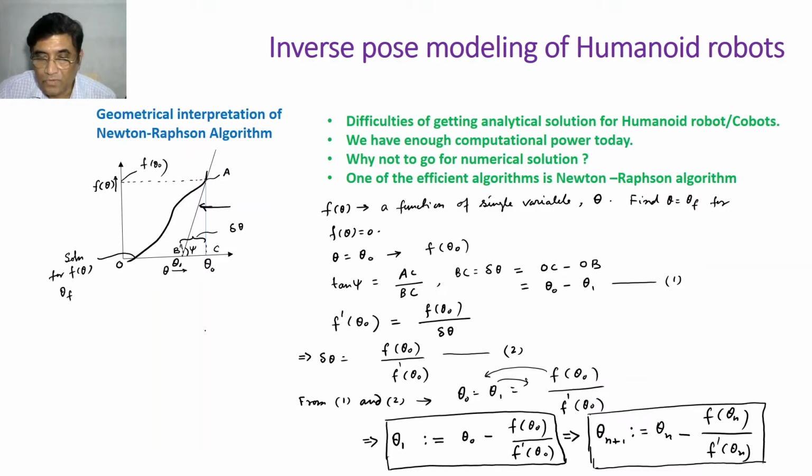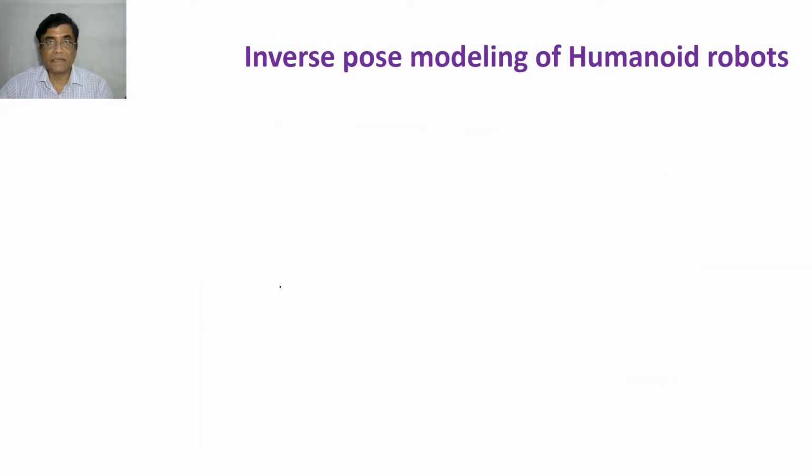So this is the Newton-Raphson algorithm in short. And this is the geometric interpretation. Now let us tell you mathematically how you can find it, using Taylor series expansion. It's very simple.